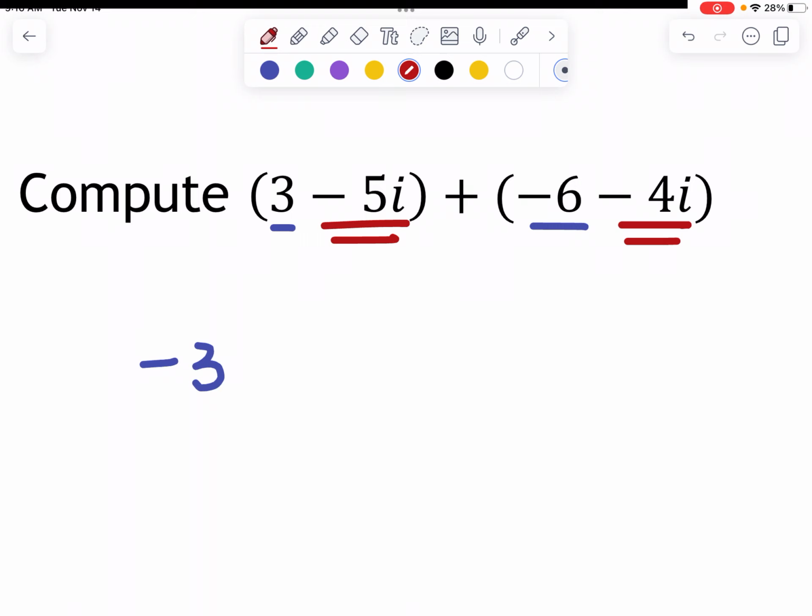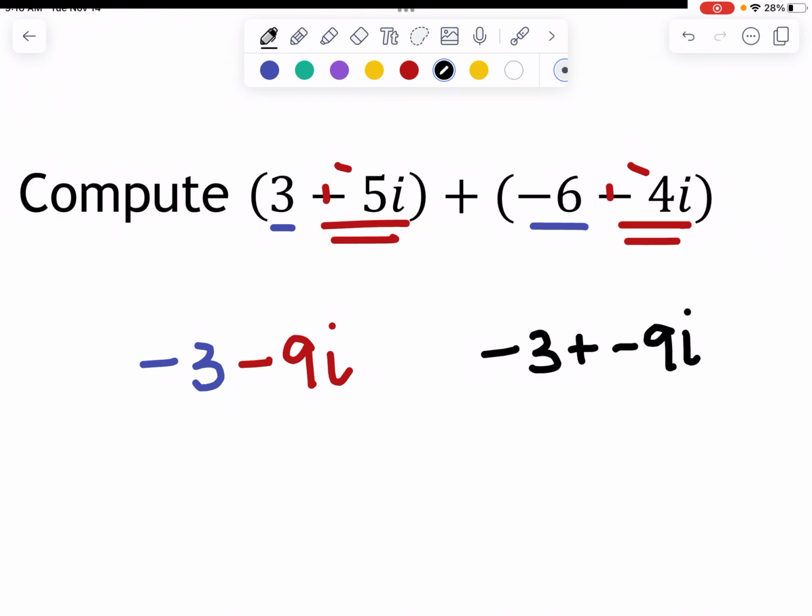I see a -5i and a -4i, which gives me a -9i. So you can choose to write that as -3 minus 9i, or you could choose to write it as -3 plus a -9i. Either of those would be acceptable.